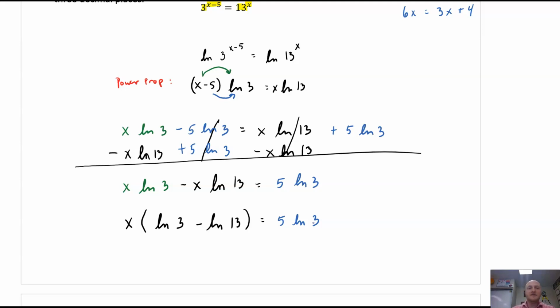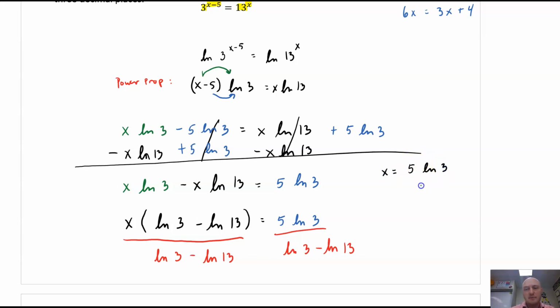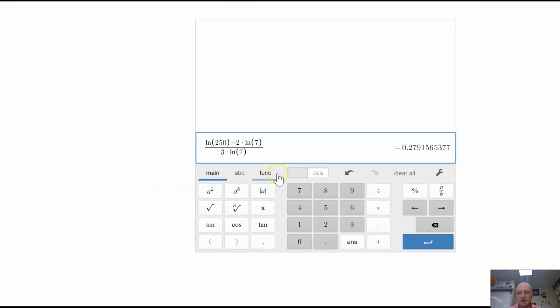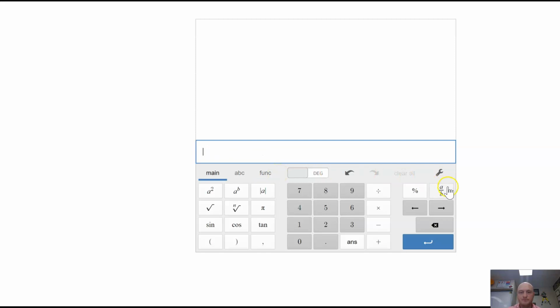All I have to do is divide each side by the items that I don't want. Natural log of 3 minus the natural log of 13. And we get our solution. x is equal to 5 natural log of 3 divided by the natural log of 3 minus the natural log of 13. There's your exact solution.